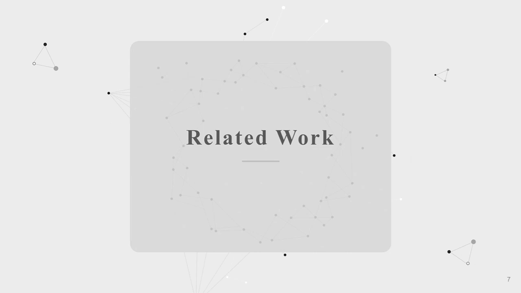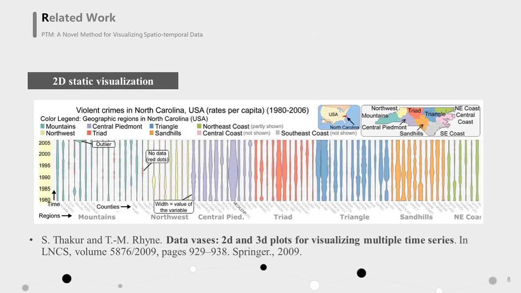The following is related work. The profile of a single time series is represented by a data vase and plotted along a vertical temporal axis with time increasing from bottom to top. However, there are limitations of temporal information visualization.